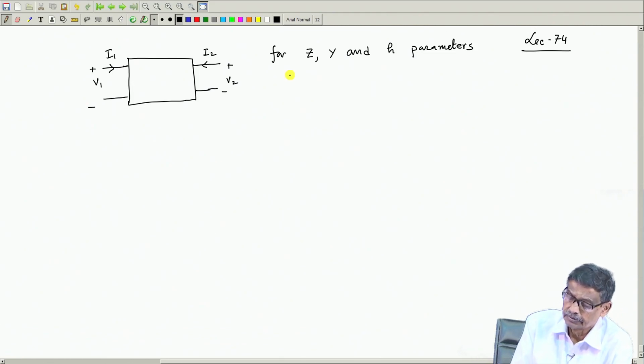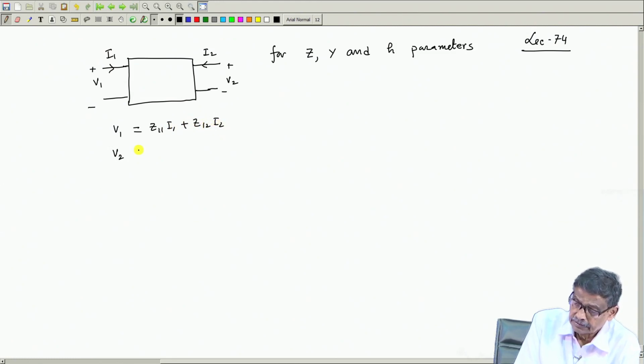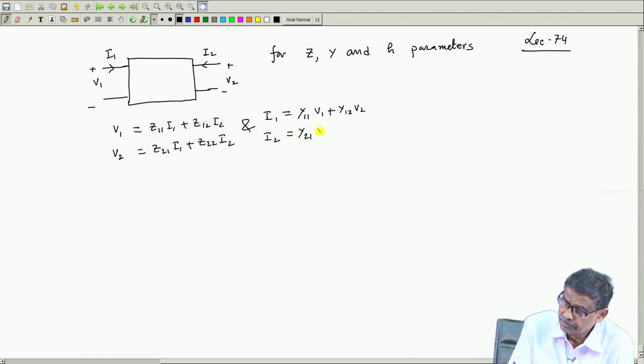Based on that, in case of Z parameters, the voltages are on the left hand side: V1 equals Z11 I1 plus Z12 I2, and V2 equals Z21 I1 plus Z22 I2. This can also be represented in terms of Y parameters: I1 equals Y11 V1 plus Y12 V2, and I2 equals Y21 V1 plus Y22 V2.